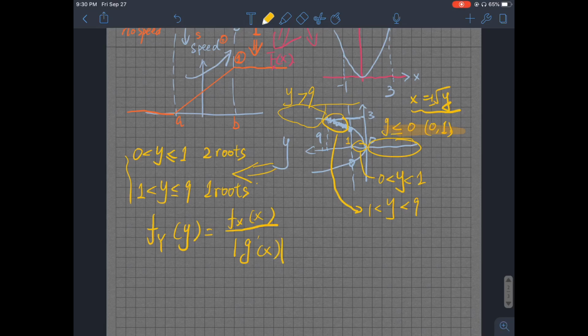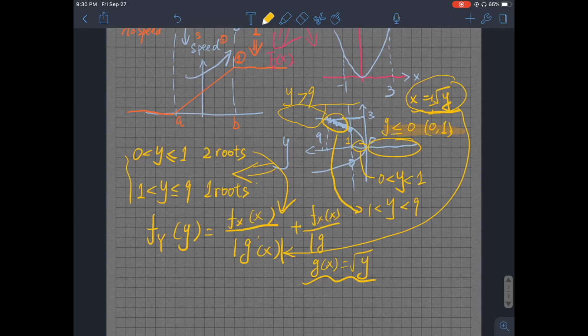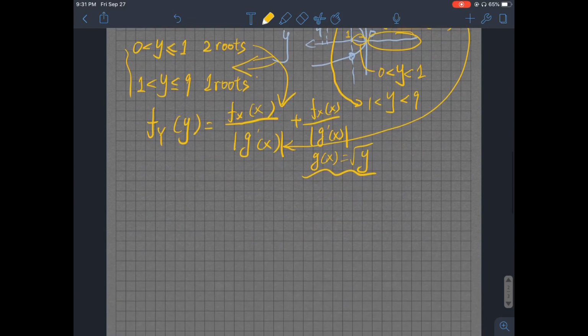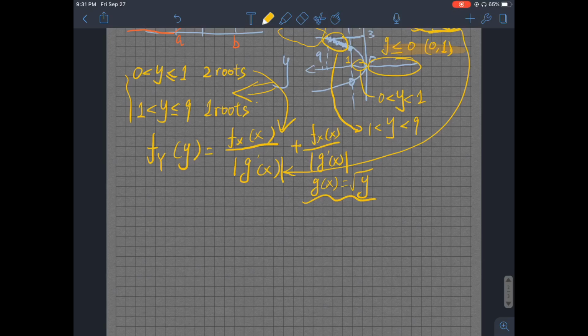But it depends on how many roots we have, and this is g(x) for this part. So g(x) equals square root of y. But we need to talk about the roots to see whether it has two, it's like f_X divided by g' for each root, or just one.